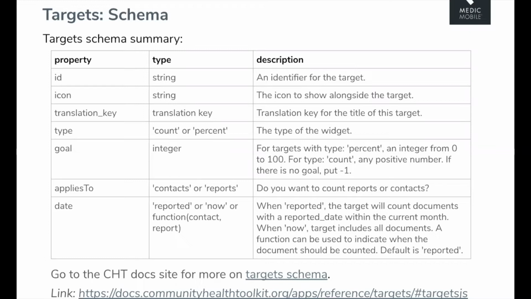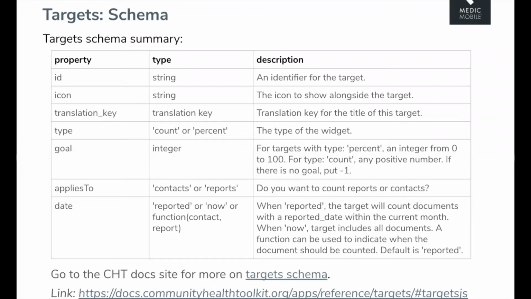Then we have applies to, which is whether you want to count reports or contacts. And this is similar to something we've previously talked about. And so for each contact, you could check a certain condition and then count up, or for each report, you could check a certain condition and then count up.